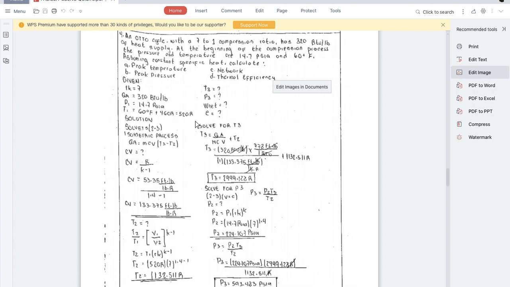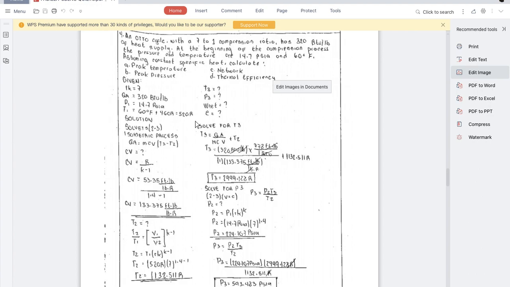So 14.7 psia multiplied by 7 raised to 1.4. The final answer for P2 is 224.107 psia.